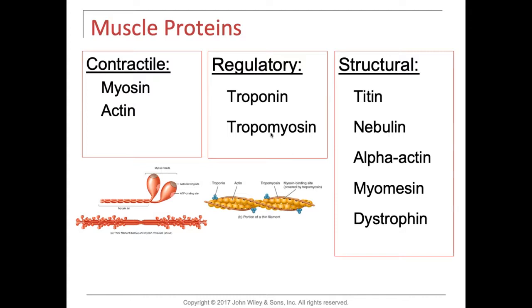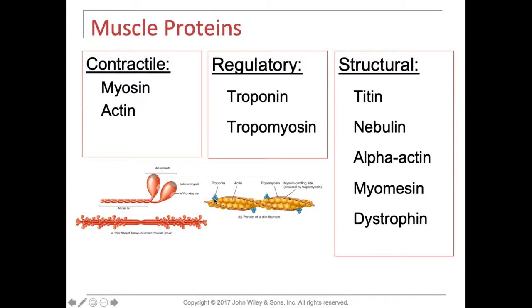Here they call it a myosin binding site. The myosin binding sites are covered. They're blocked or shielded by this rope called tropomyosin, this long string. And here's another string intertwining. Both of these strings or ropes are called tropomyosin. It's another type of protein. It's a regulatory protein.